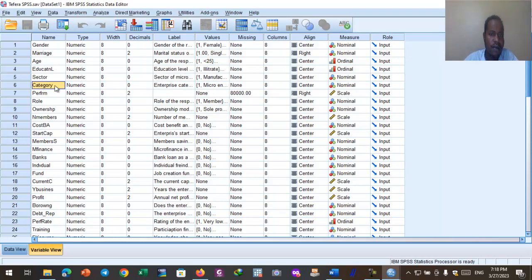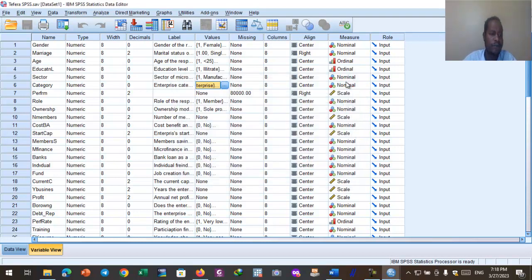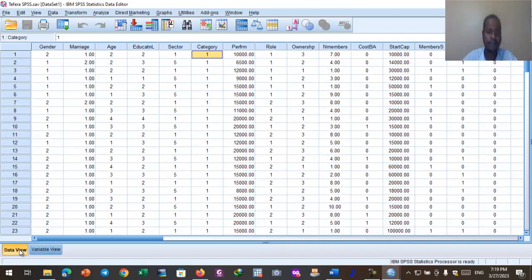This variable is the enterprise category, where one represents a micro enterprise and two represents a small enterprise. The profit, the dependent variable, is the annual profit of the enterprise, and since it is a continuous variable, it has no value labels.